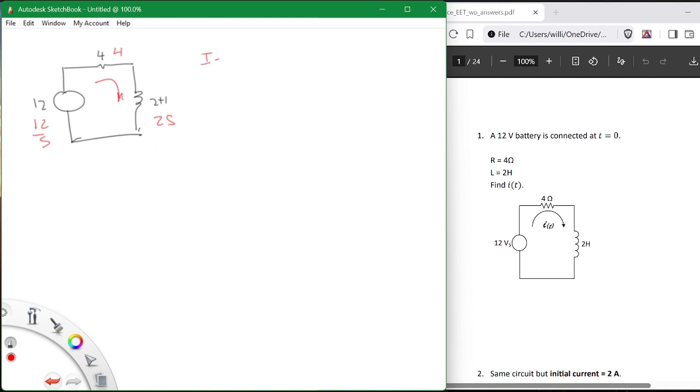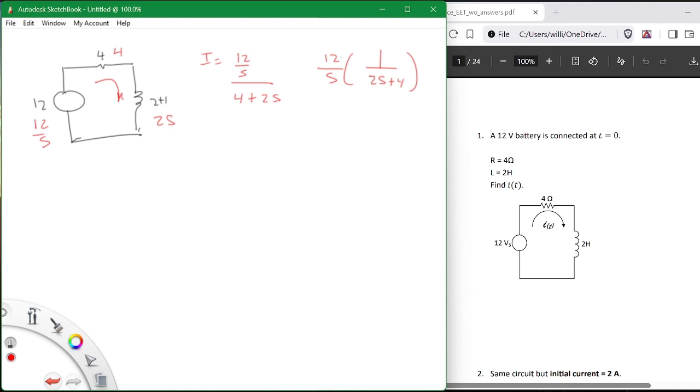I is equal to 12 over S, V, over 4 plus 2S. Now let's solve for I. So it's 12 over S times 1 over 2S plus 4. Everybody agree with that? All right.